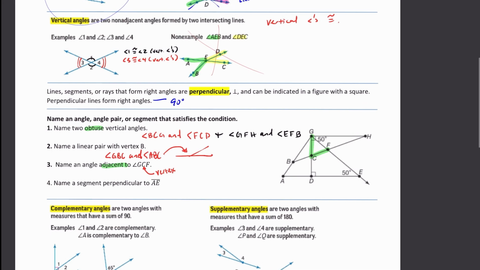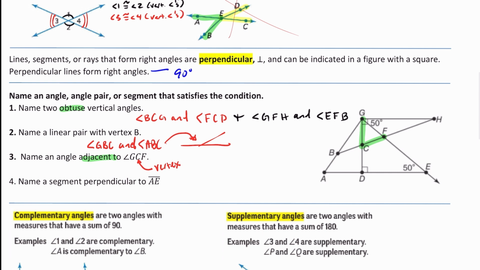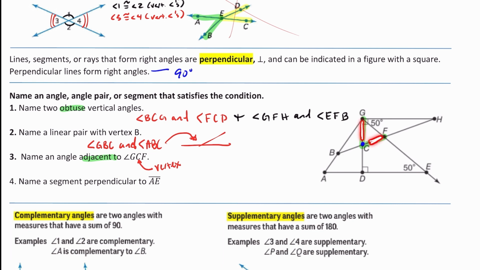So I'm going to draw a blue dot at C to remind ourselves that that's our vertex there. If this is the vertex and we're trying to find an angle that's adjacent to this angle here, well, this and this are our sides.